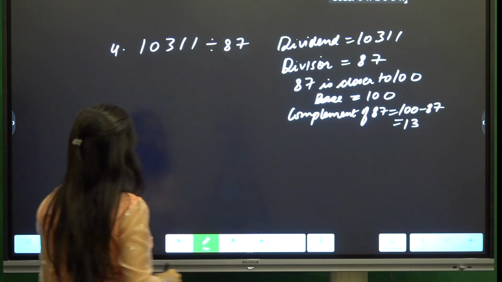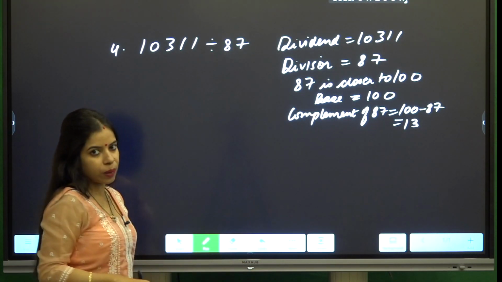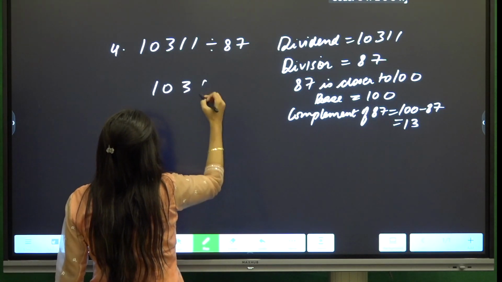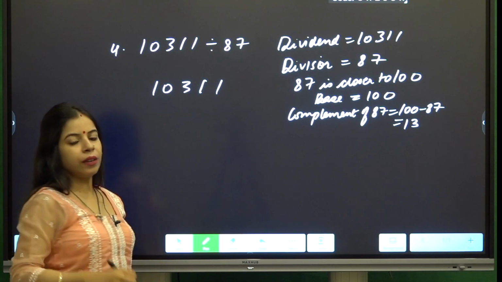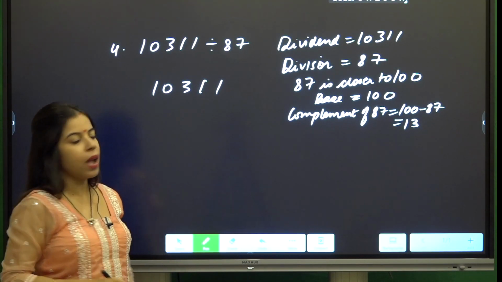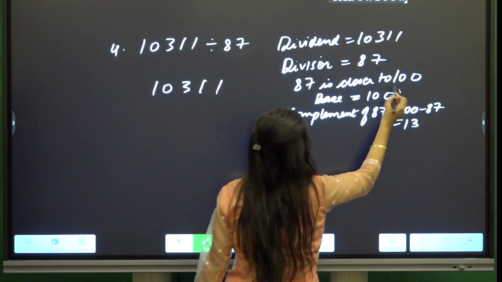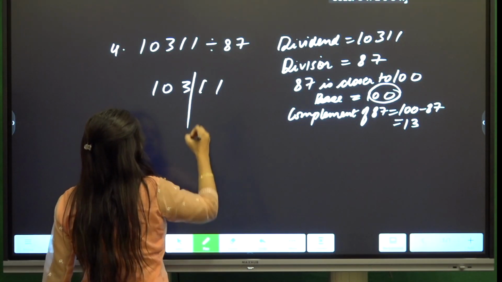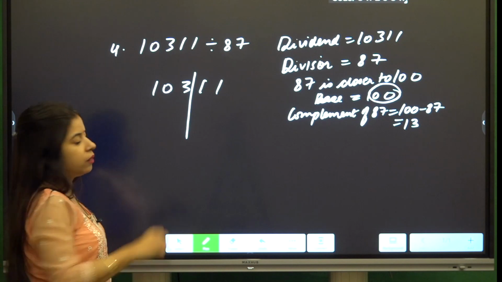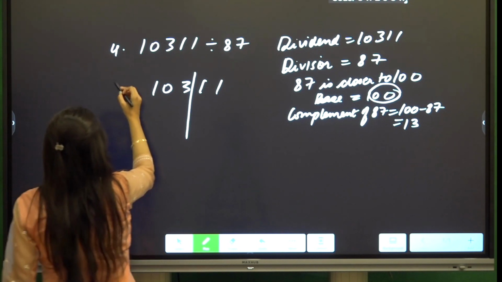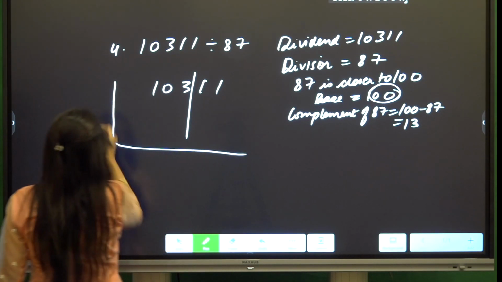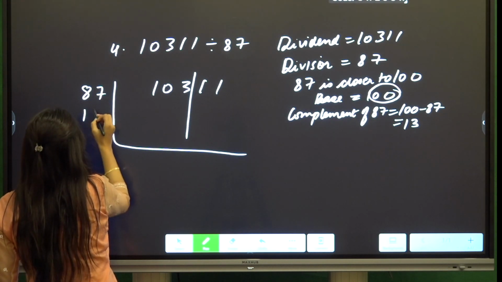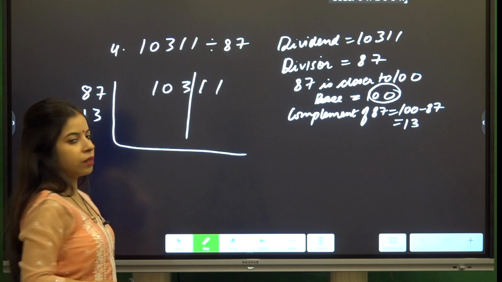Okay. So I am going to split the number into two parts, quotient part and the remainder part. For the remainder part, number of digits here are 2, as number of zeros in 100, they are 2 in the base. So I am going to put a slash between 3 and 11. Okay. To the left side, I am going to write 87. After that, I am going to write the complement. Okay.